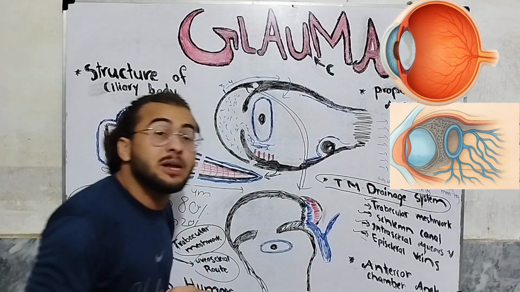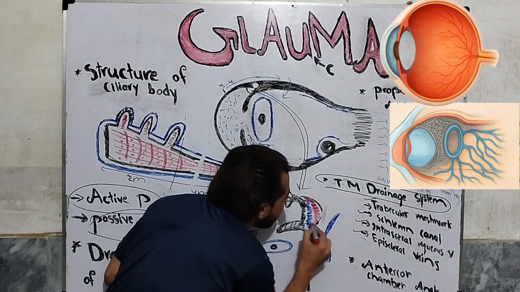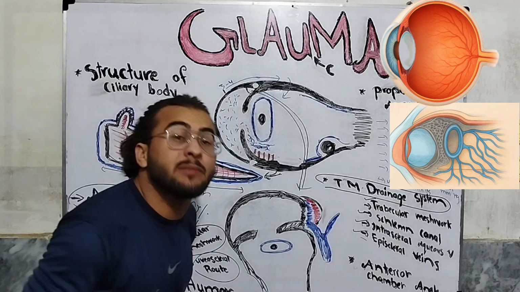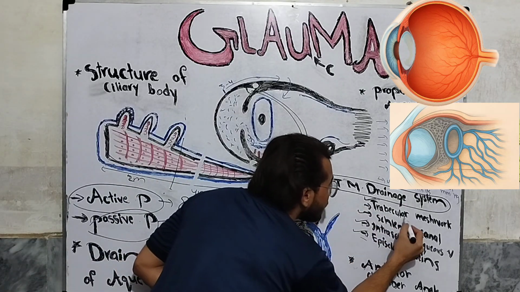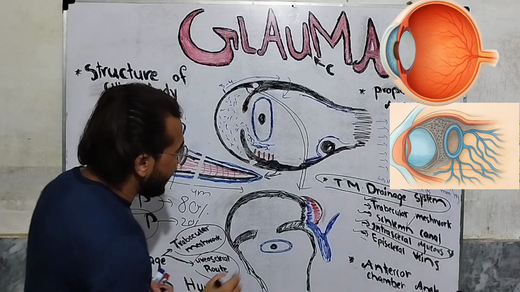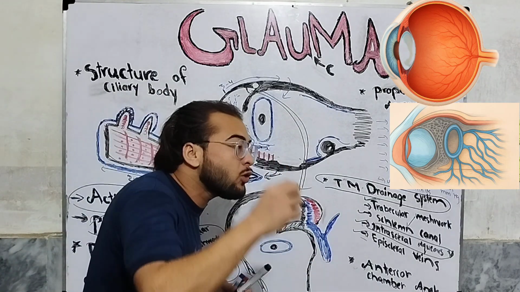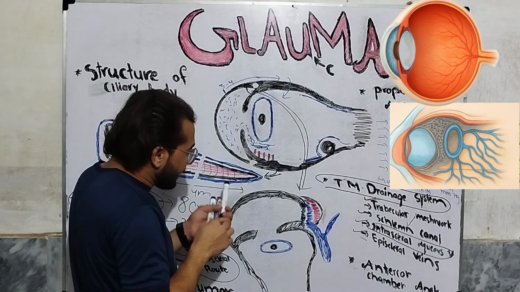This is called the Schlemm canal. So the last part, the juxtacanalicular part, connects the other parts of the trabecular meshwork to the Schlemm canal. The trabecular meshwork then drains into the Schlemm canal, and the Schlemm canal now drains into the intrascleral aqueous veins, the veins of the sclera. We have veins in the sclera.